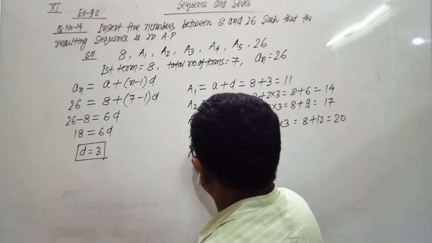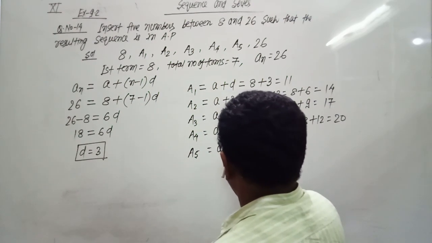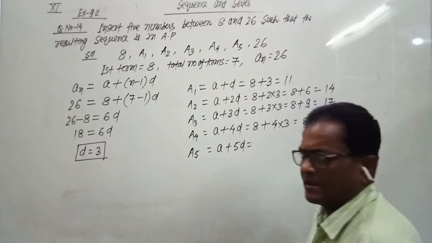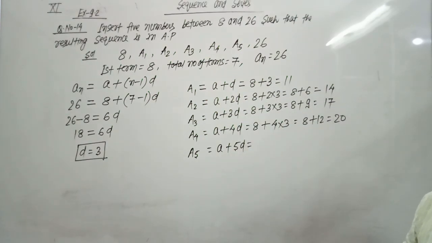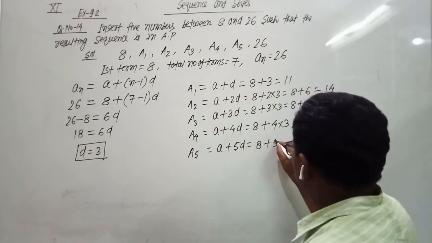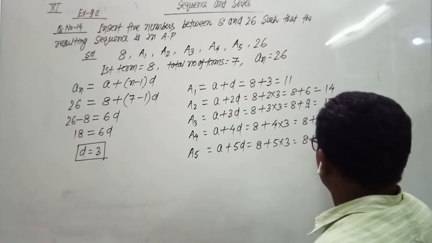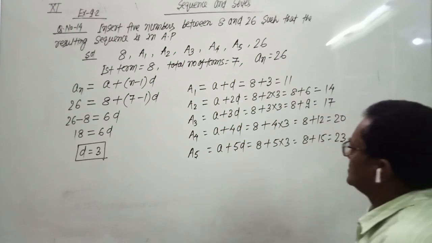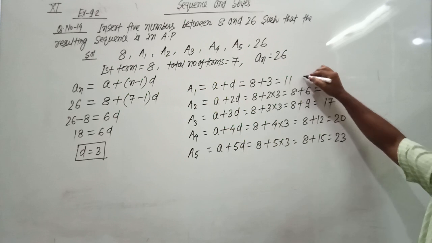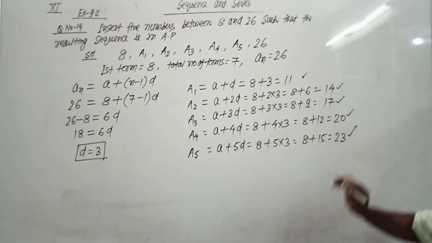And the last, fifth number a5 equals a plus 5d. The value of a is 8. 8 plus 5 into 3, that is 8 plus 15, 23. So the five numbers come to be 11, 14, 17, 20 and 23.